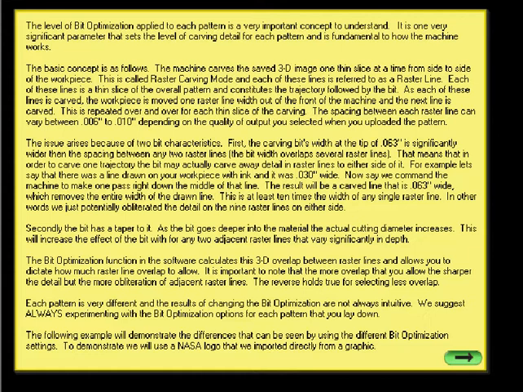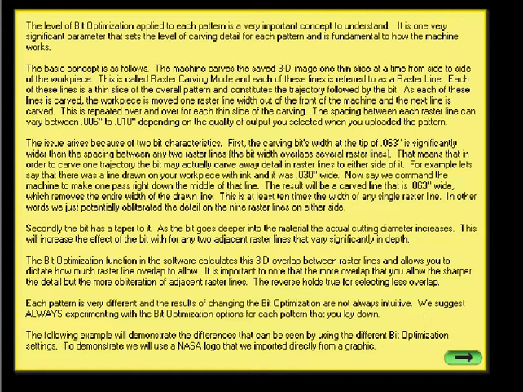The basic concept is as follows. The machine carves and saves 3D images one thin slice at a time from side to side. This is called a raster carving mode. Each of these lines is referred to as a raster line.